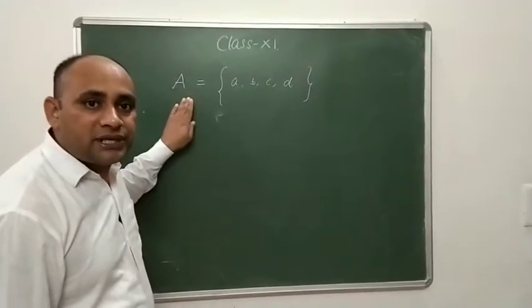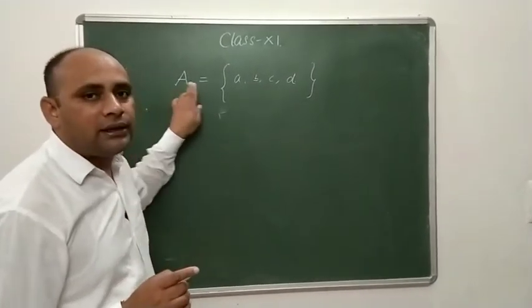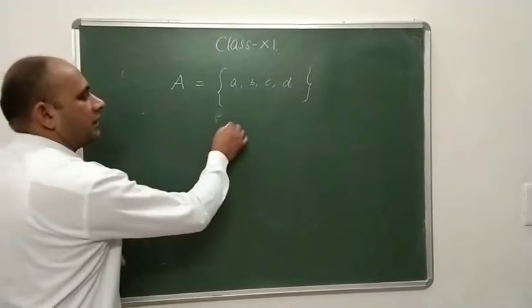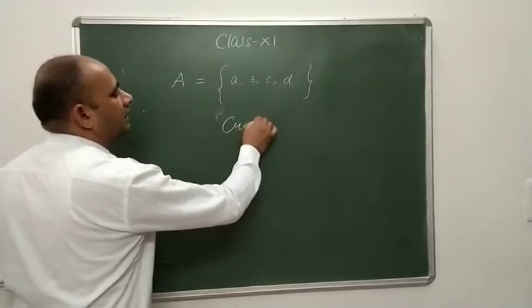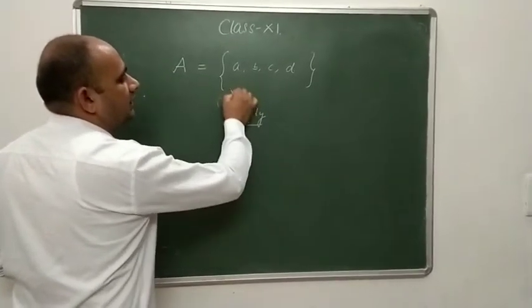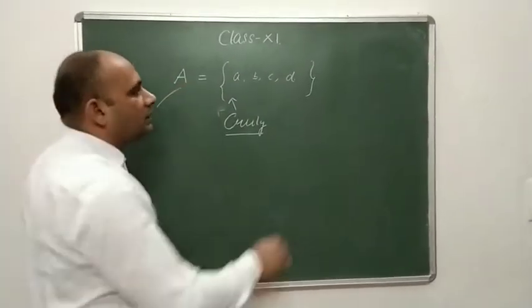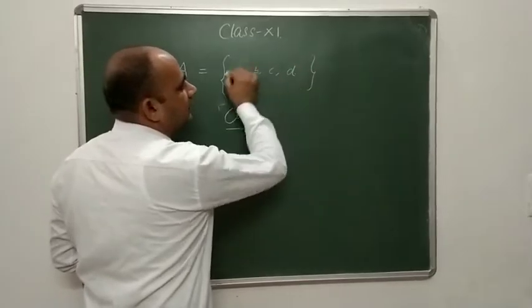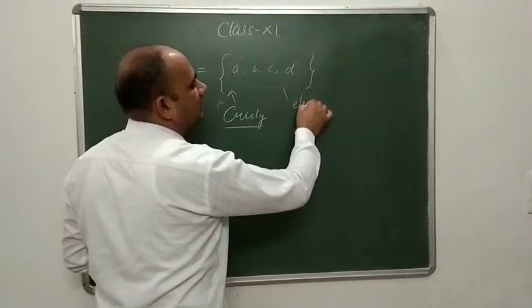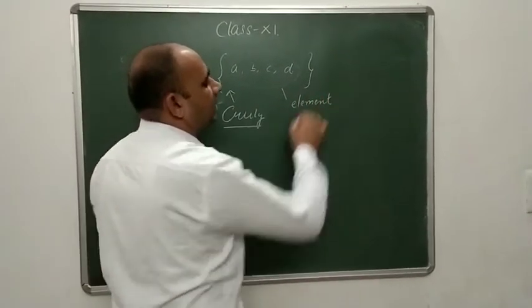Every set represent by capital letter and curly bracket. Which bracket? Curly bracket. curly bracket यूज करेंगे बेटे और कैपिटल लेटर यूज करेंगे और अंदर जो लिखा हमने ये क्या कहलाएंगे बेटे? एलिमेंट. ये एलिमेंट.